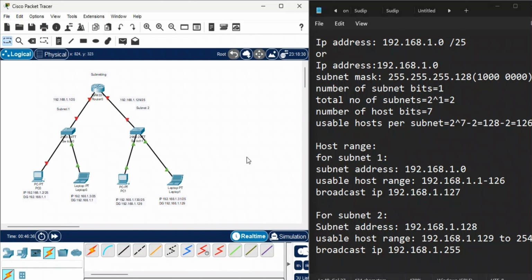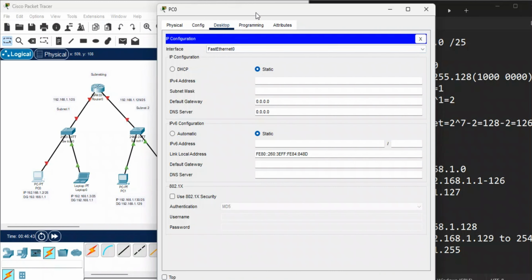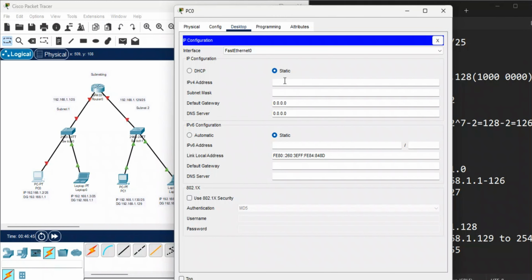Now we are going to give the IP address for all of these computers. Desktop IP configuration. IP address was 192.168.1.2, subnet mask was 255.255.255.128, default gateway 192.168.1.1.